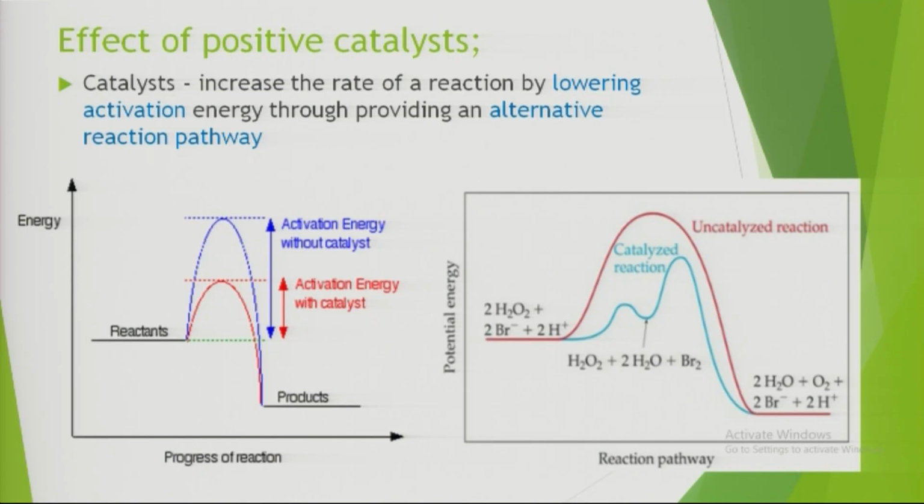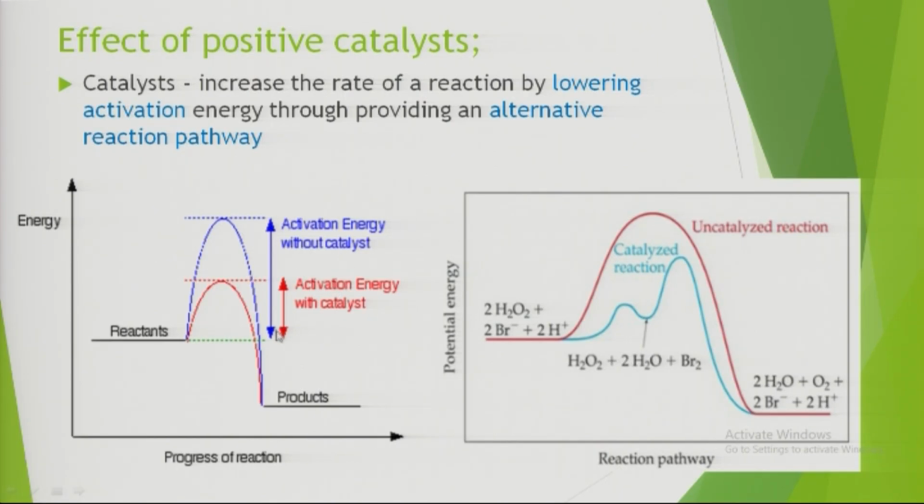So let's bring it back to chemistry. A positive catalyst, how does it exactly increase the rate of a reaction? It increases the rate of reaction by simply lowering the activation energy in a way that it provides an alternative pathway. What do we mean?